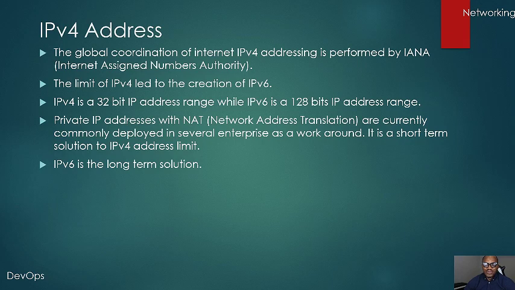Many of them are finding a workaround using private IP address with NAT for their networks. They use private IP address internally, and they use NAT with the public IP address for their network. So that's that.